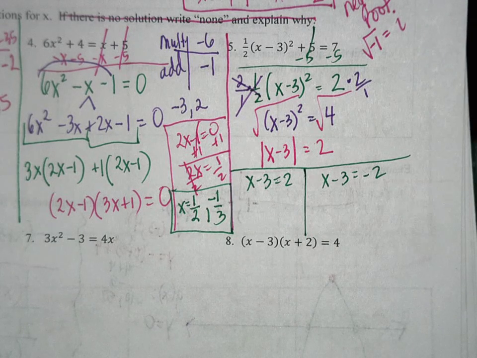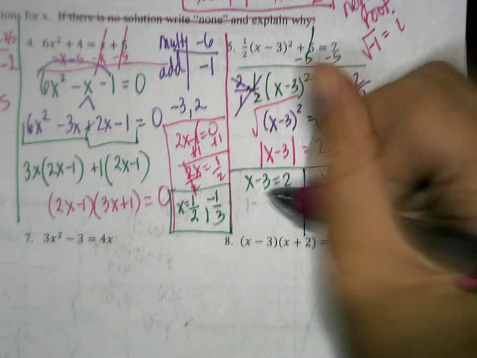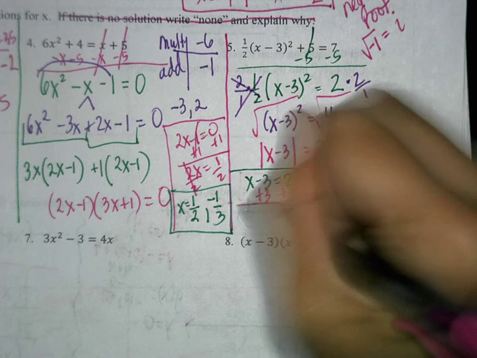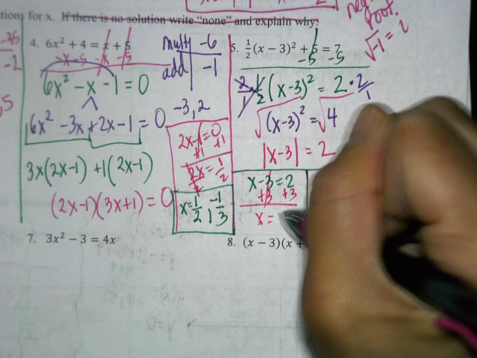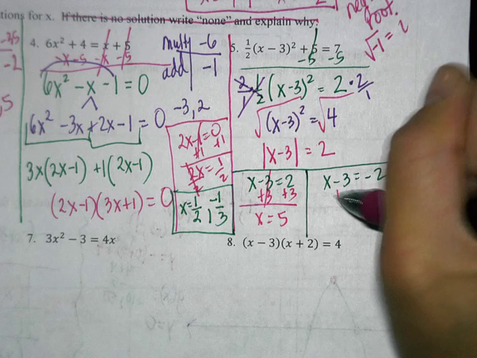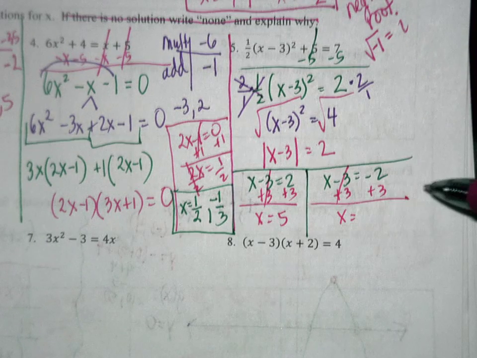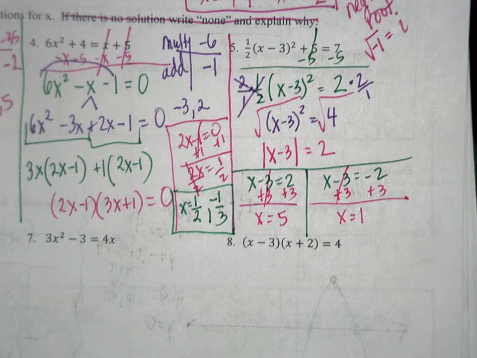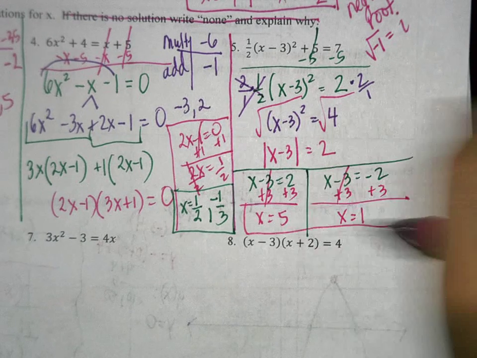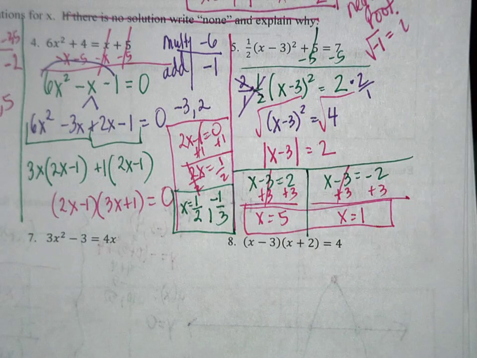Here I add 3 to both sides, and I get x equals 5. Here I add 3 to both sides, and I get x equals 1. So there are my 2 answers. Any questions?